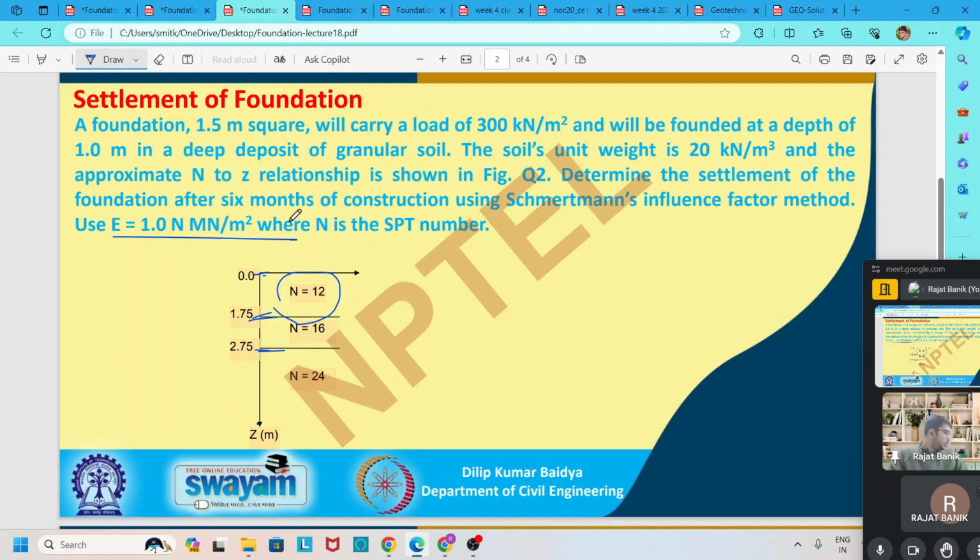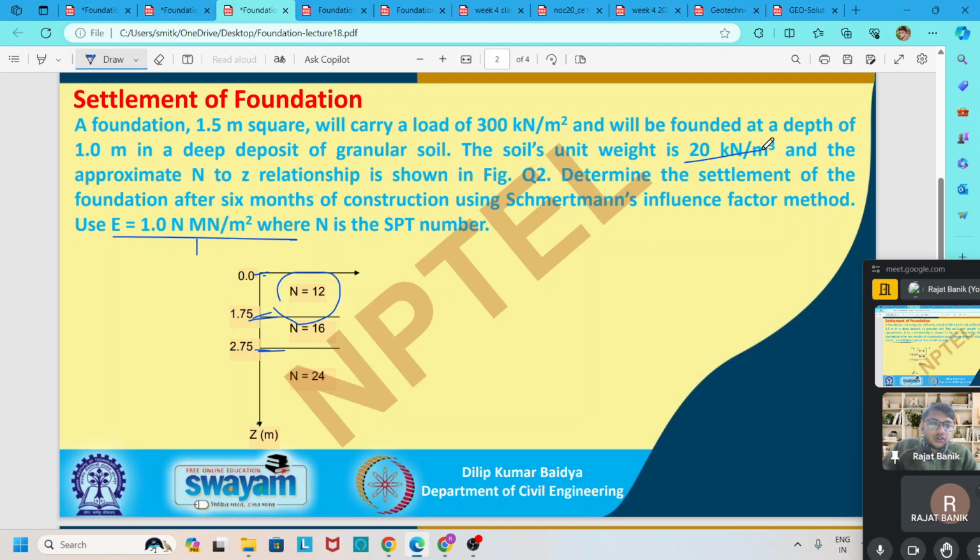One relation is also given to find the Young modulus for different layers, which is equal to the SPT number in MN per meter square, that means mega Newton per meter square.